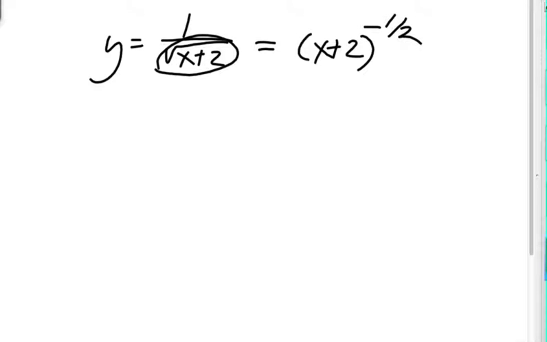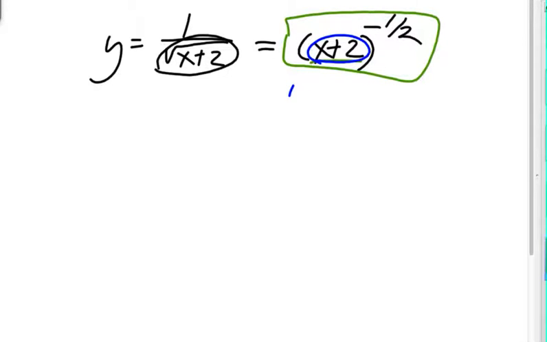And again, I'm still dealing with a composite function. There's the inside part, and there's the big part. Remember, we pulled the inside part out, and let's call it u. So u is going to be x plus 2. u prime is 1.